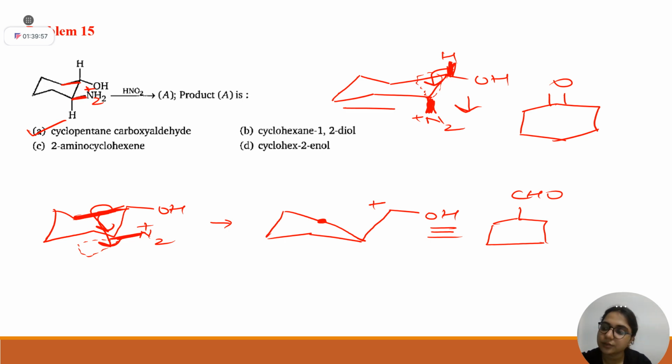Now you understood? Because let's say you are talking about this hydrogen. These C-C sigma bond orbitals are closer to this sigma star, instead of this C-H sigma bond. Yes or no? Clear?